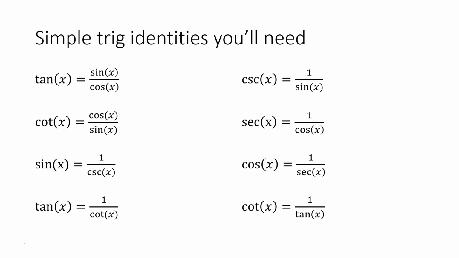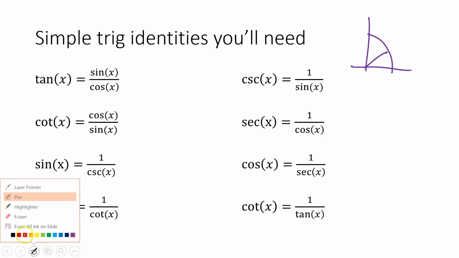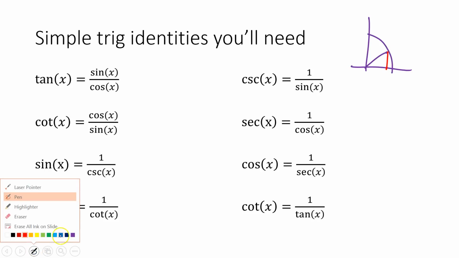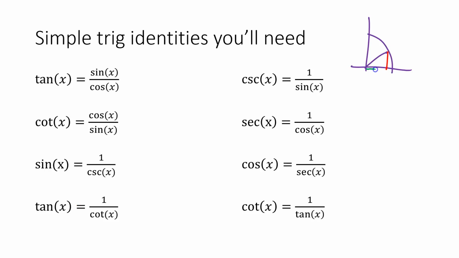So now that we're getting into trig, these are some trig identities you're definitely going to need to memorize. We showed how all these came from the unit circle. We used similar triangles to show that tangent was sine over cosine, and then cotangent is cosine over sine. Those were kind of simple ones. We used the first quadrant of the circle, and the red would be your sine value, and the green would be your cosine value.